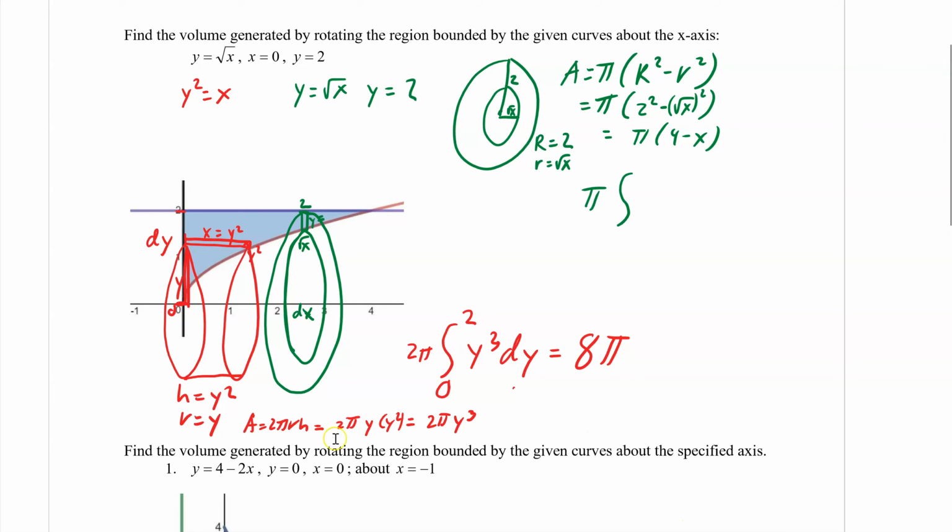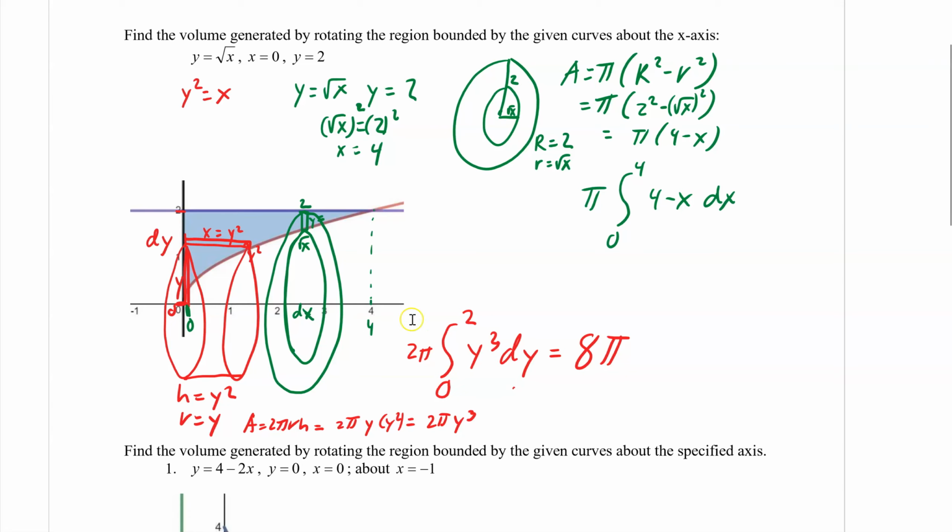So since this is dx, we now need to focus on the x's, which would be 0, and then to where they intersect, which is 4. And how do we know that's where they intersect? Well, we just have to set them equal. So square root of x is equal to 2, square both sides, x equals 4. So that's where they intersect, right at 4. So we'll go from 0 to 4, 4 minus x dx.